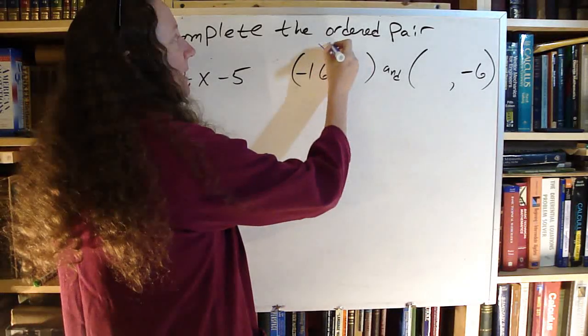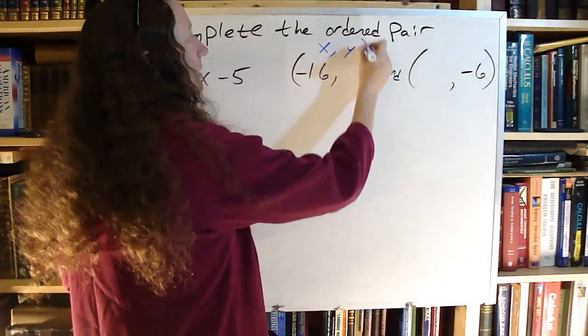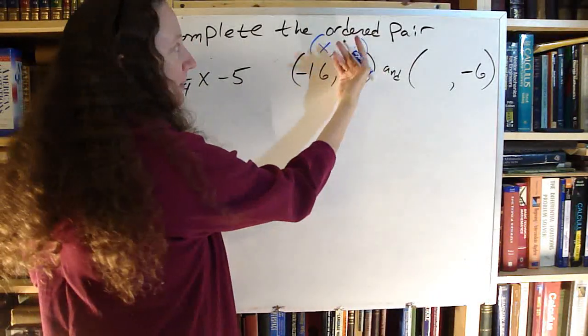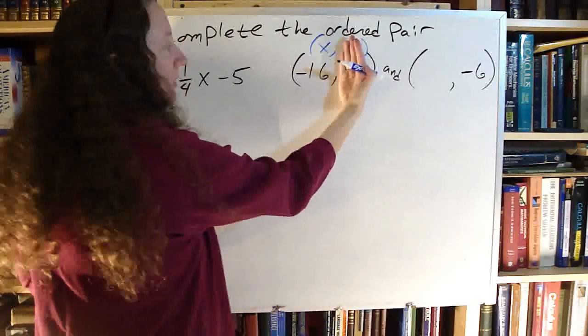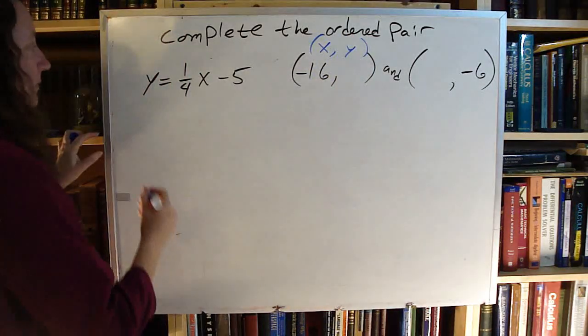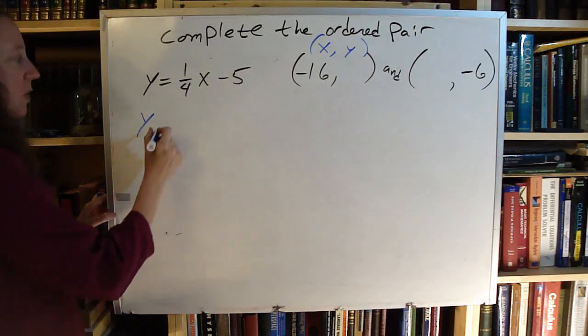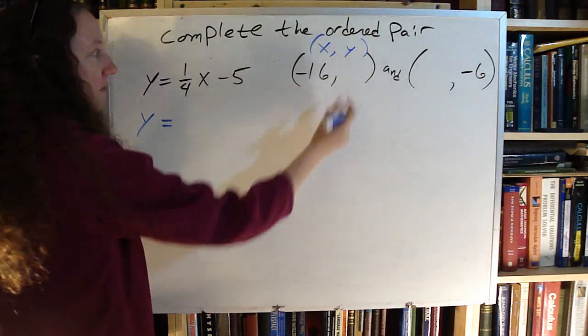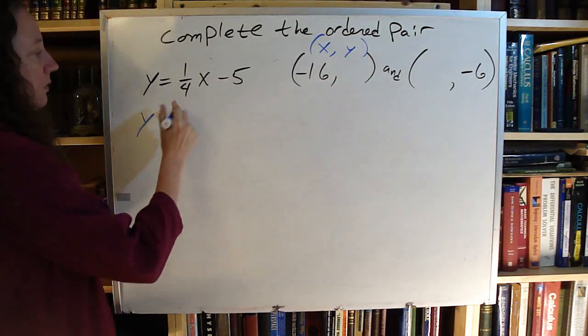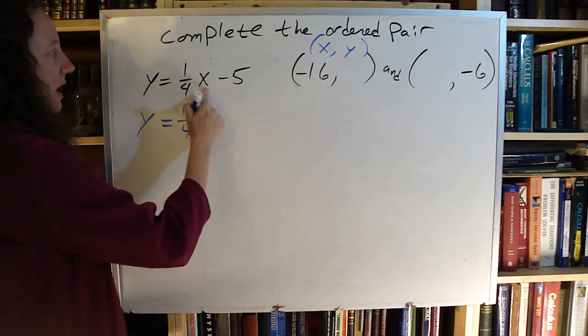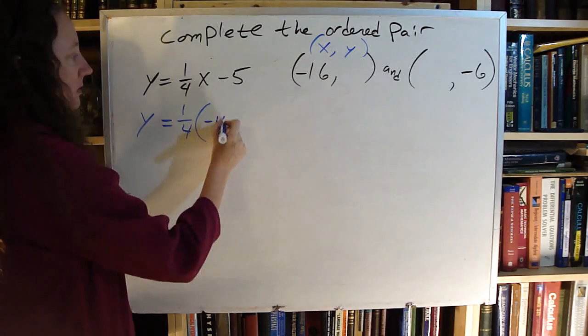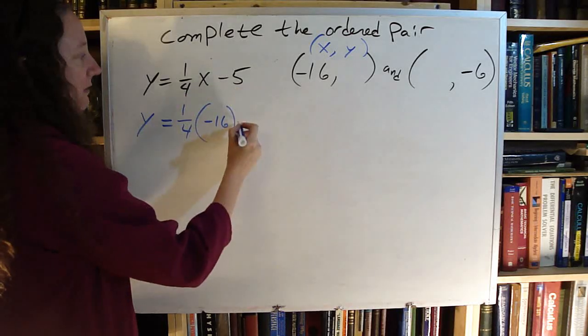Remember how your ordered pairs are written, x comma y. So it comes before the comma, so therefore it's x. So my y stays as y, because that's what I'm trying to solve for, equals 1/4 times x minus 5.